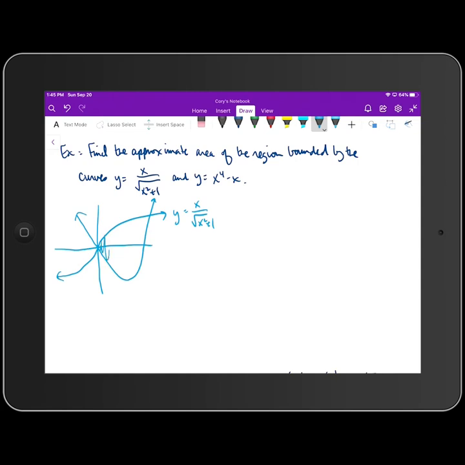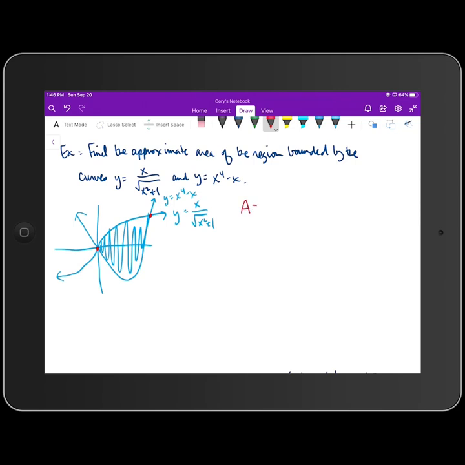So the area enclosed by those two curves is the area of that shaded region. Okay, so the two things that you would need to find are the intersection points. So the first intersection point occurs at the origin, and the second intersection point occurs there.